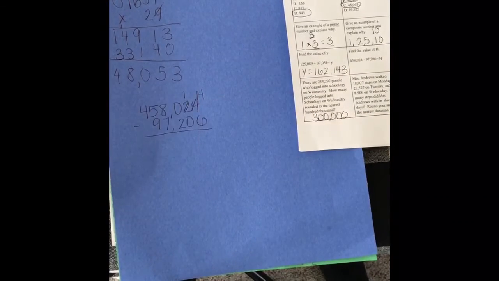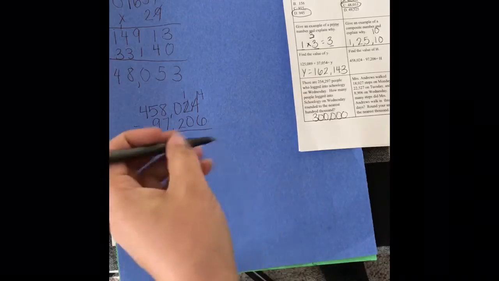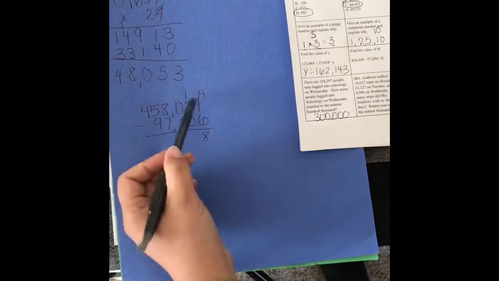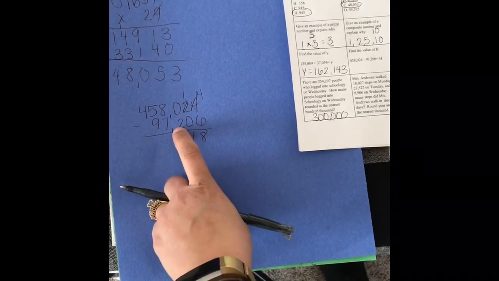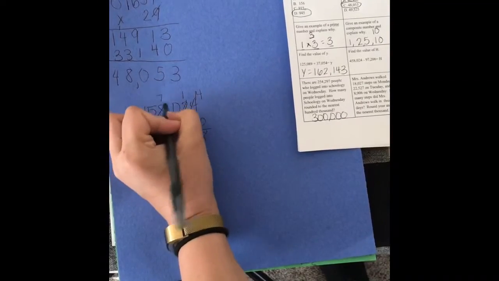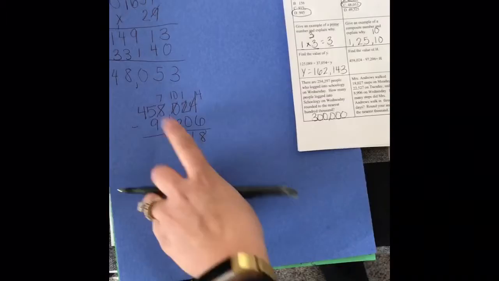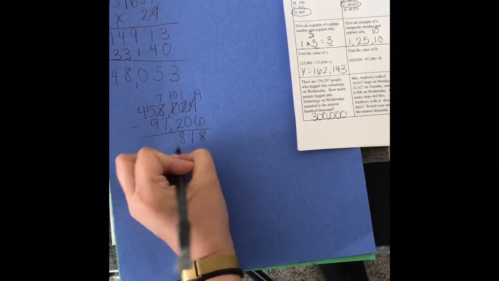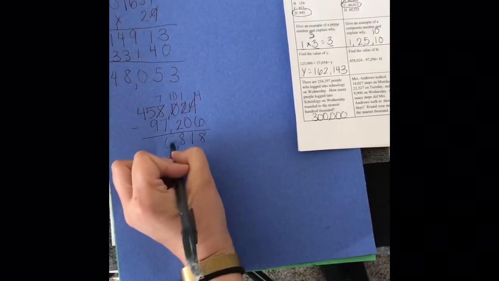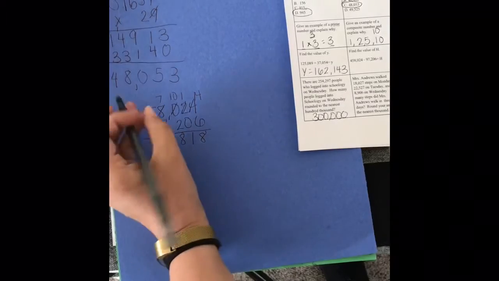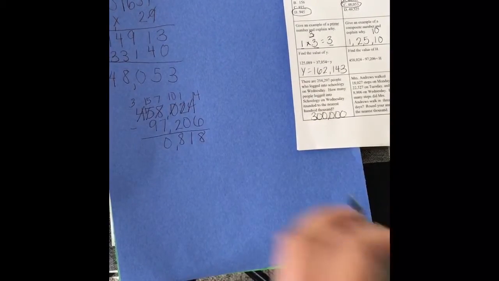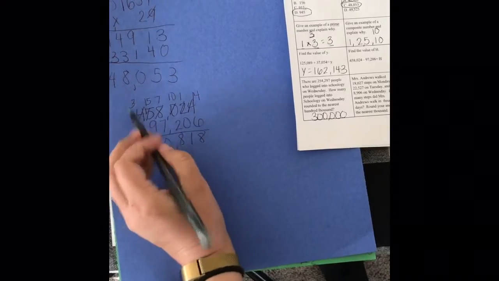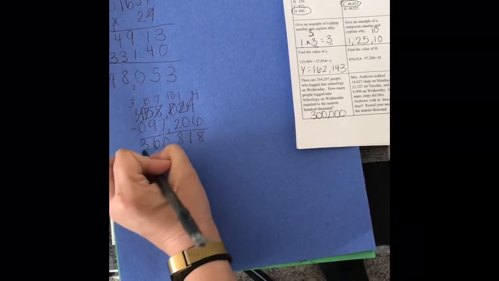Now I'm going to do 14 minus 6, which should be 8. 1 minus 0 is 1. I can't have 0 and take 2 away, so I need to borrow again. Now I can do 10 minus 2, which is 8. 7 minus 7 is 0. 5 minus 9 I can't do, so I have to borrow again. 15 minus 9 is 6. 3 minus 0 is 3.